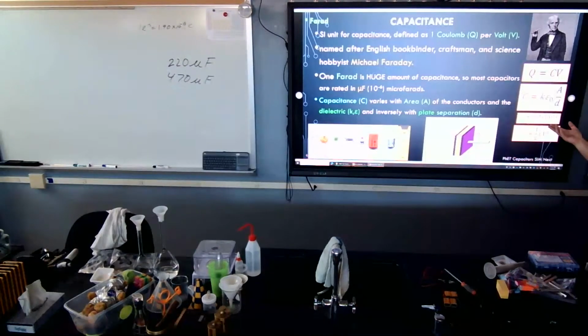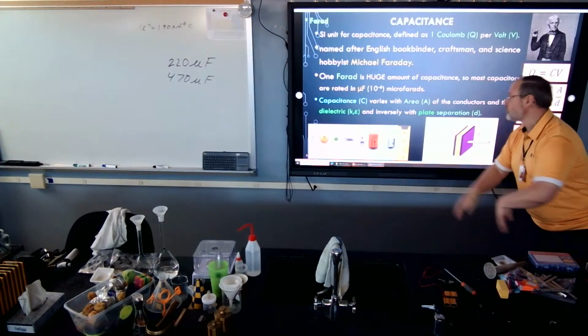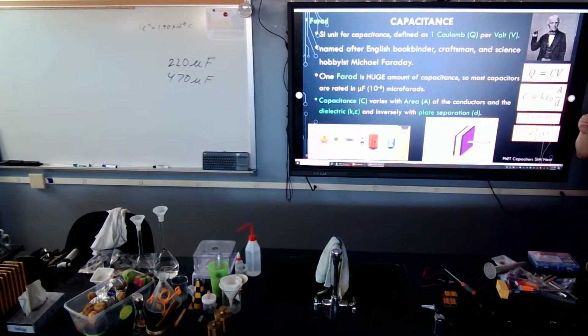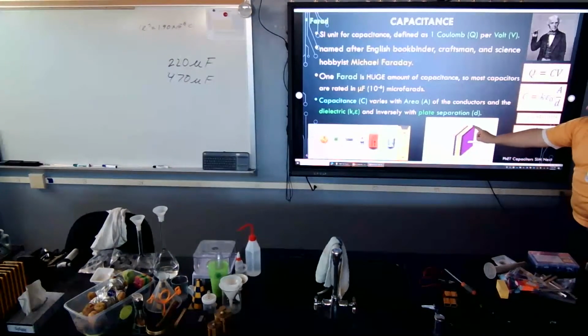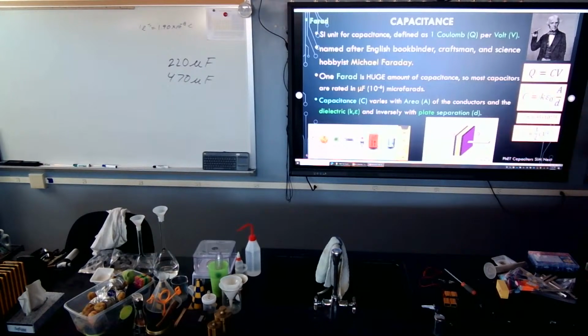If we use some other particle, it would have a different epsilon naught. We're using electrons, so epsilon naught is how strong the electron can push through, and K is how well the dielectric can hold those charges out, pull the charges back. A is the area. D is the distance between them. We have a simulation we're going to do tomorrow that's really great. Let's simulate this.